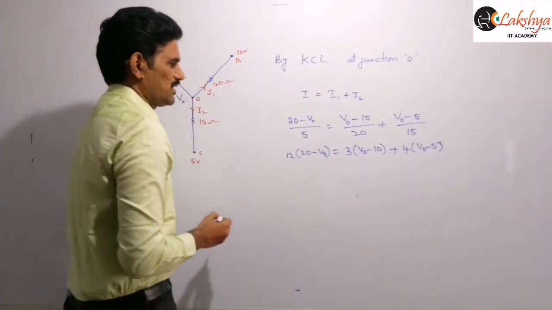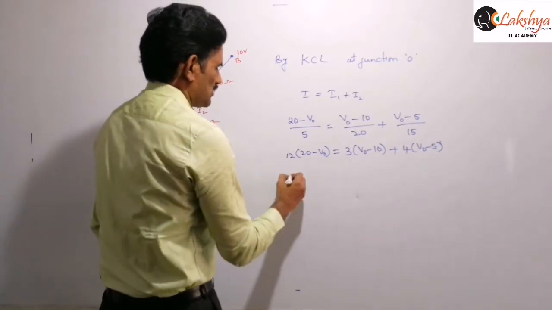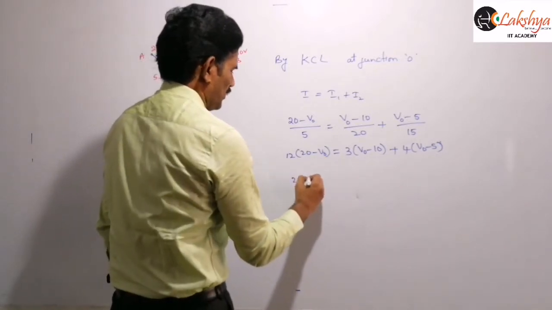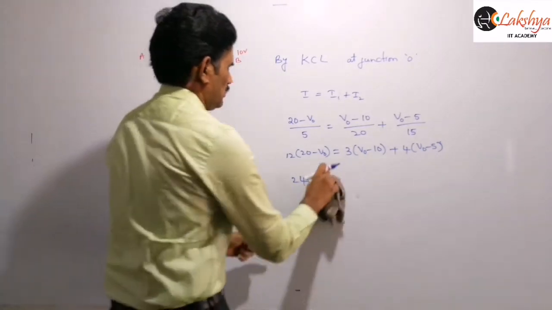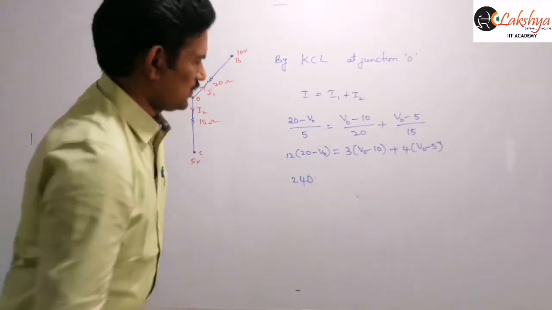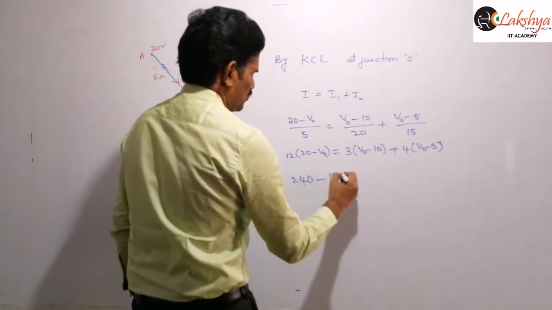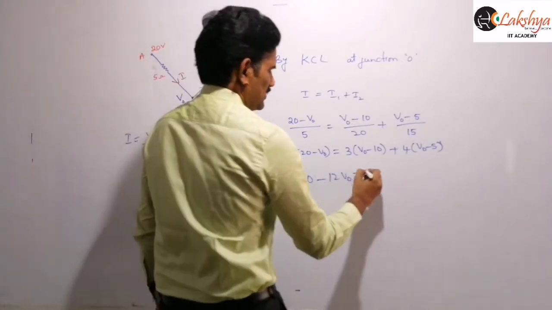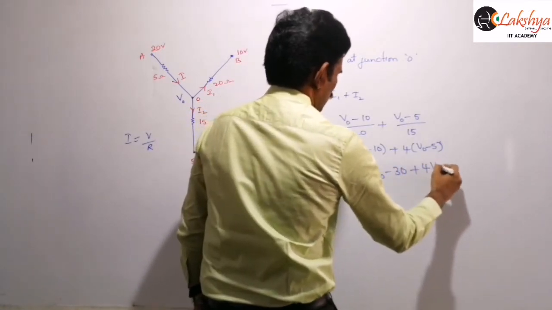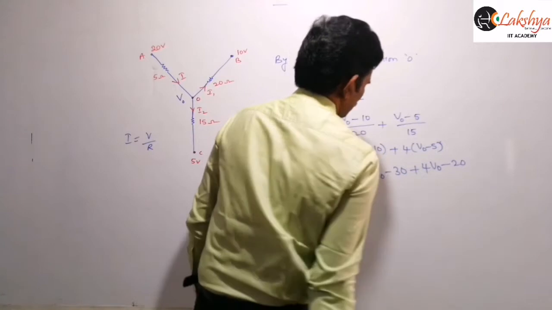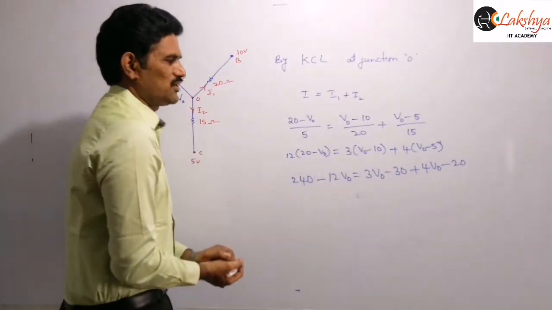That's just a simplification only. You can do as you wish. And so here this is 240. So it is 240 minus 12 V naught is equal to 3 V naught minus 30 plus 4 V naught minus 20, right? So let us write all the V naught terms on one side.